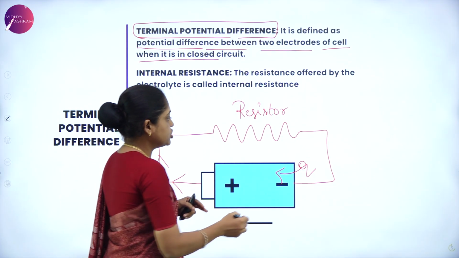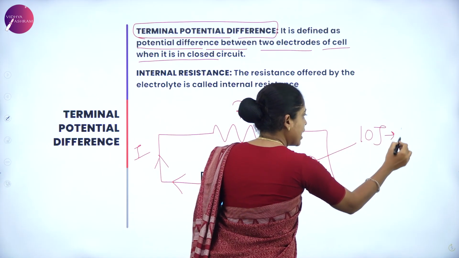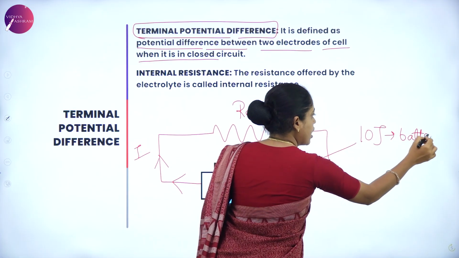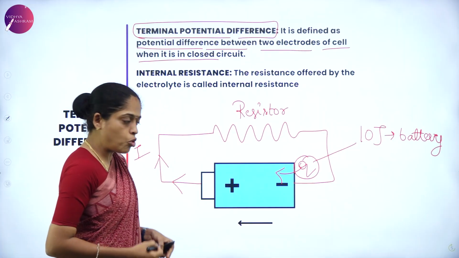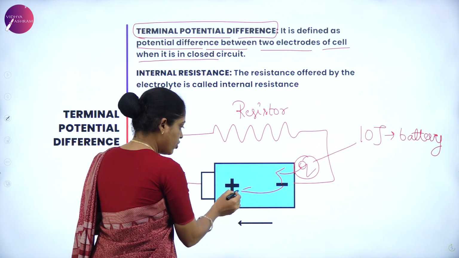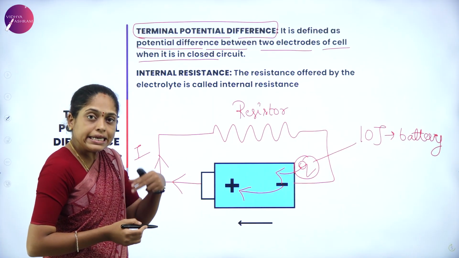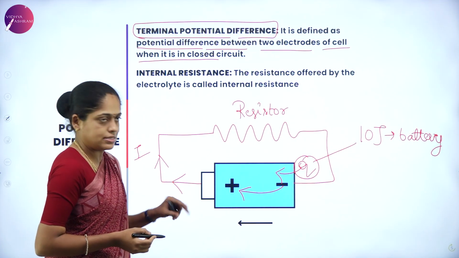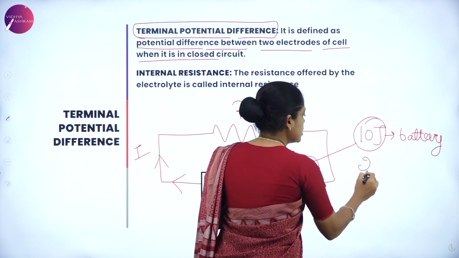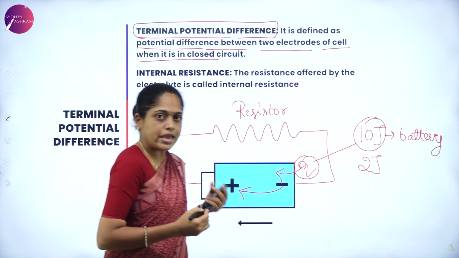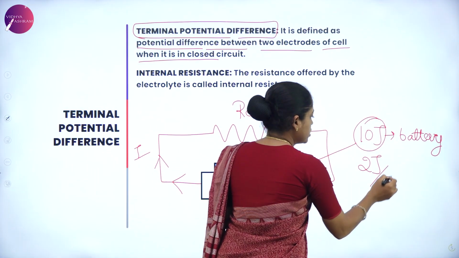In this process, the charge gains energy of 10 joules supplied by the battery, and while moving from negative terminal to positive terminal, due to internal resistance of the cell, some energy is lost. Let us consider that lost energy as 2 joule per charge.